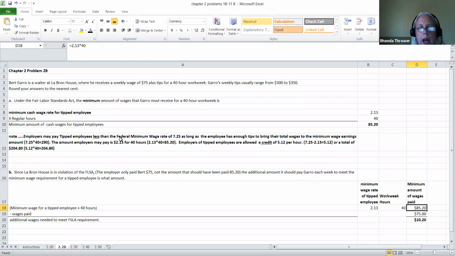The wages that were actually paid to this employee was $75. So the difference between these two is the additional amount of wages that they needed to meet the Fair Labor Standards requirement. So the employer should have paid $85.20. They only paid $75, so they still owe this employee $10.20 plus their tips.